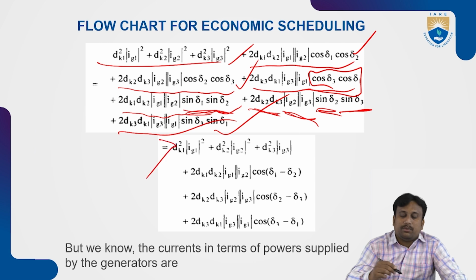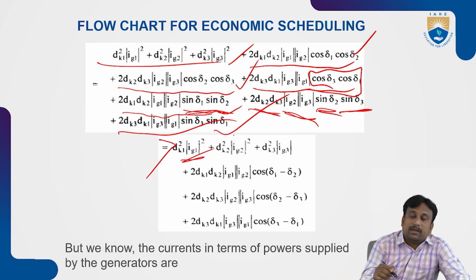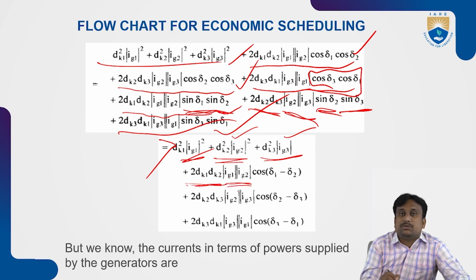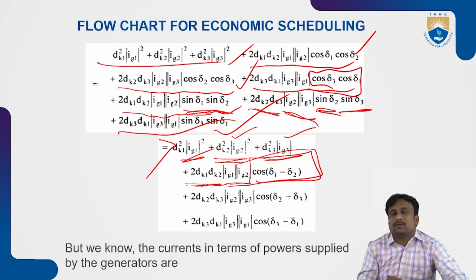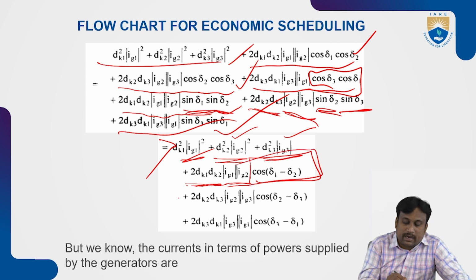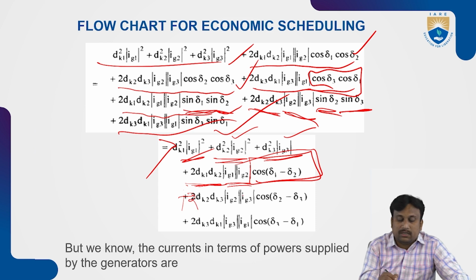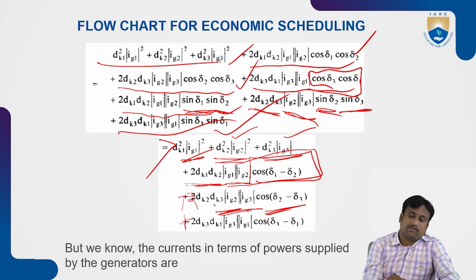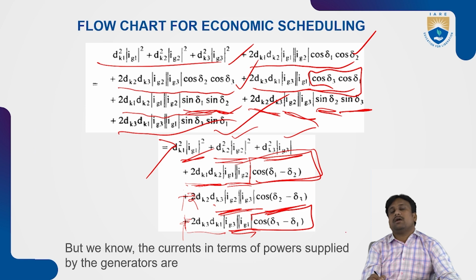This is equivalent to DK1 square modulus IG1 square plus DK2 square modulus IG2 square plus DK3 square IG3 square plus 2 DK1 DK2 IG1 IG2 cos(delta 1 minus delta 2), plus 2 DK2 DK3 IG2 IG3 cos(delta 2 minus delta 3), and again plus 2 DK3 DK1 IG3 IG1 cos(delta 3 minus delta 1).